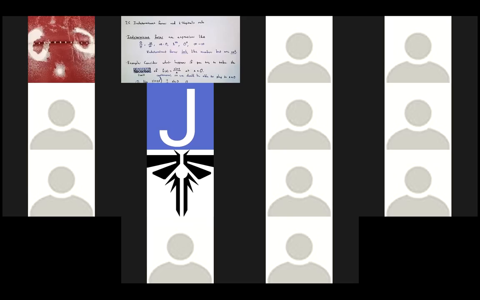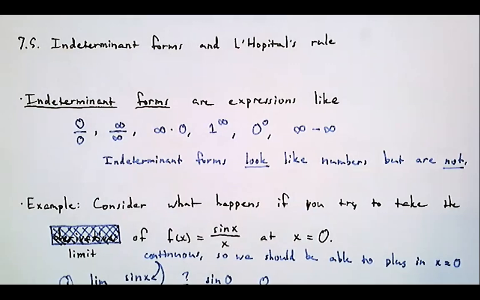Okay, so on Wednesday we were talking about section 7.5, and this is over indeterminate forms and something called L'Hopital's rule. And indeterminate forms, you should remember, are things like this. So they're expressions that look like numbers, like 0 over 0 or infinity over infinity, but they're not actually numbers.